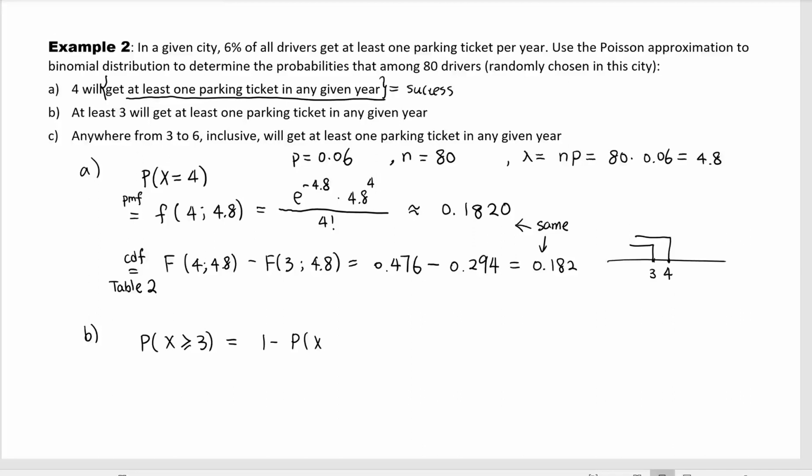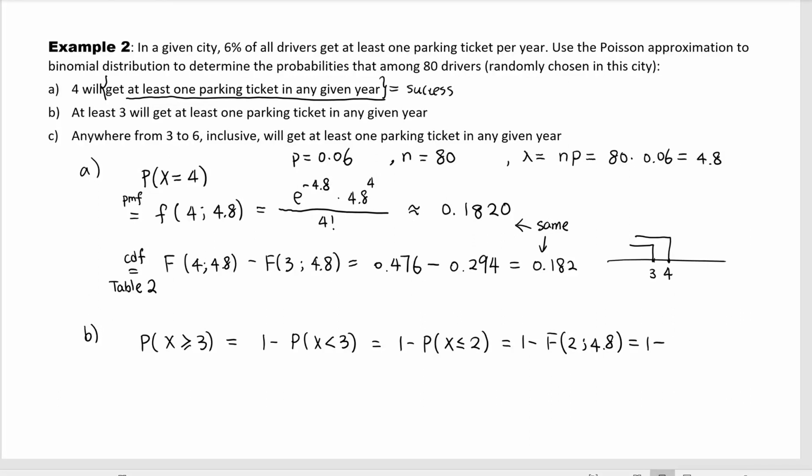What is the complement of greater than equal? Yes, less than, but we want less than equal. So less than 3 is the same as less than equal to 2. Okay, so that is 1 minus the CDF of k is 2, lambda is 4.8.